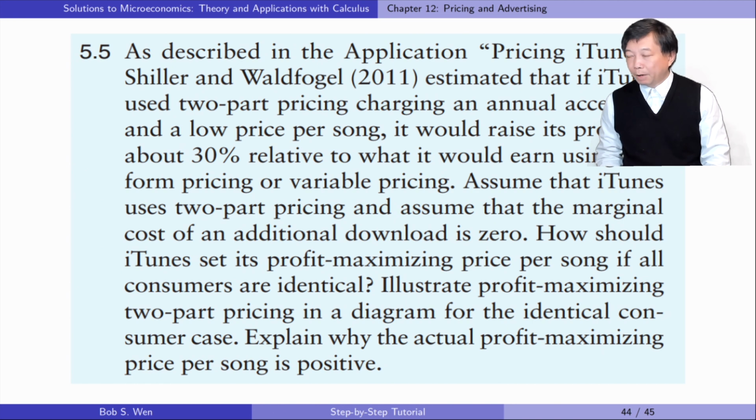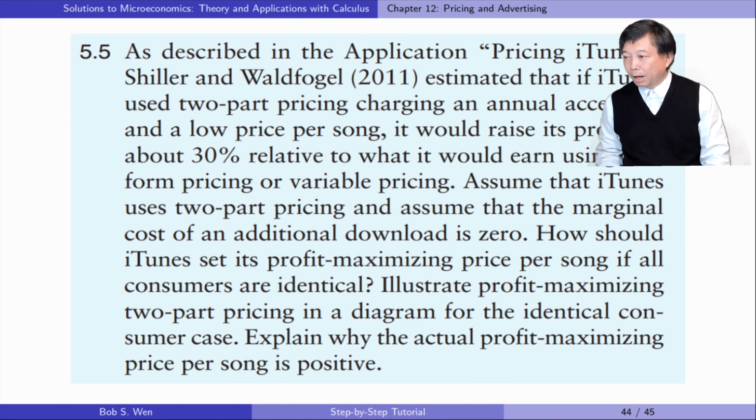Let's solve exercise 5.5. As described in the application Pricing iTunes, the researchers estimated that if iTunes used two-part pricing, charging an annual access fee and a low price per song, it would raise its profit by about 30% relative to what it would earn using uniform pricing.